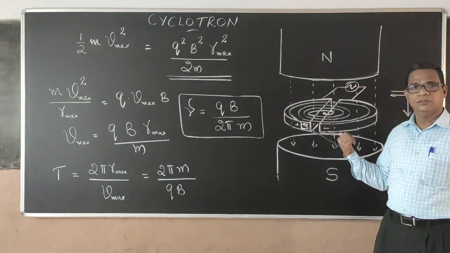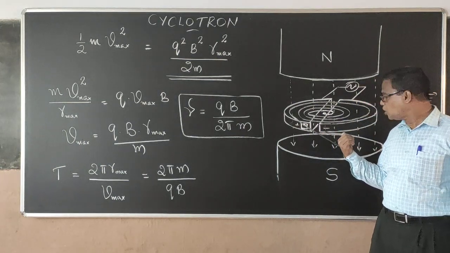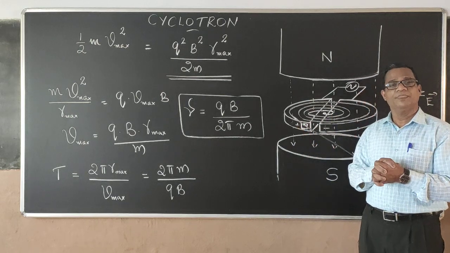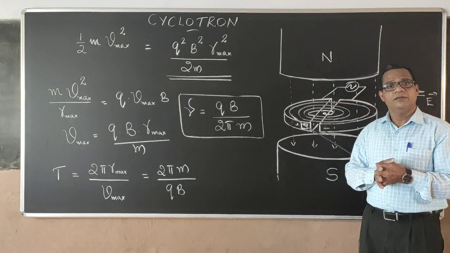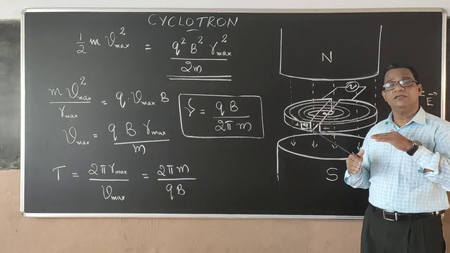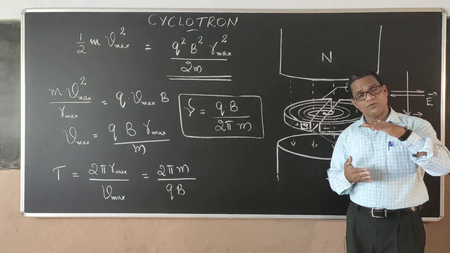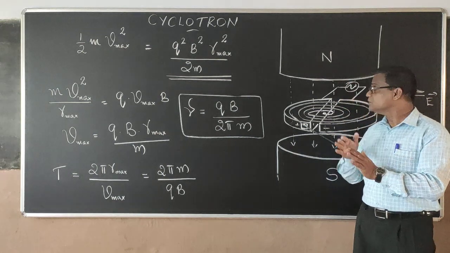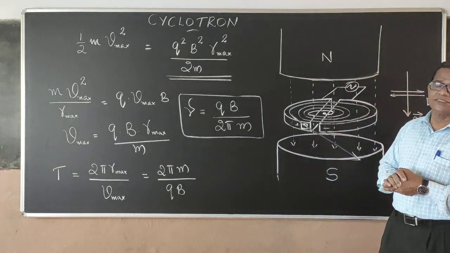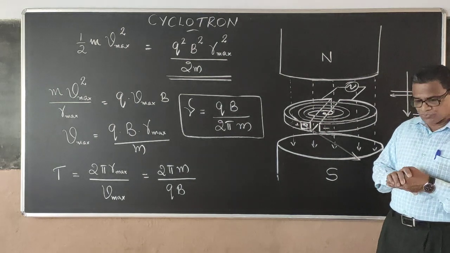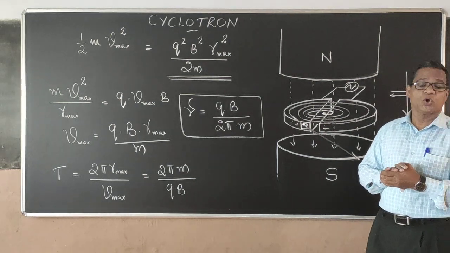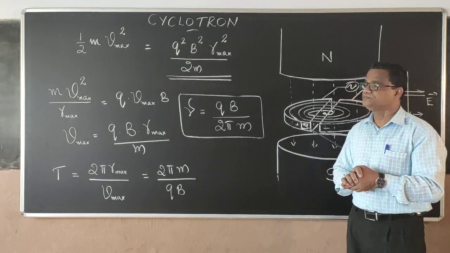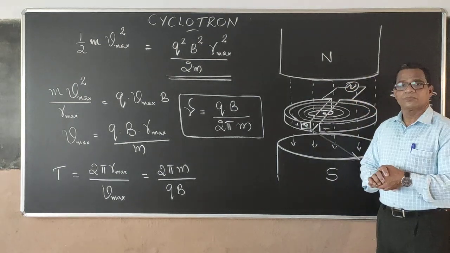Electron, you cannot accelerate using this one to a high energy, but it can be accelerated, but there is a ceiling required for the speed. Okay, so this is used only for accelerating charged particles like proton, alpha particles, like that. Alright.